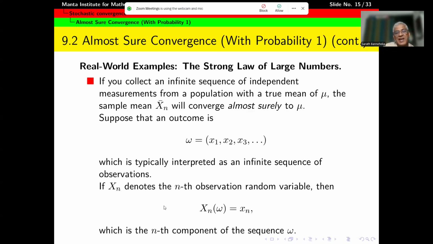Now let us define xn to be the nth element of a given omega. So xn evaluated for that particular omega, let us define it as the nth element in this omega. Xn omega is equal to simply xn, which is the nth component of the sequence omega.